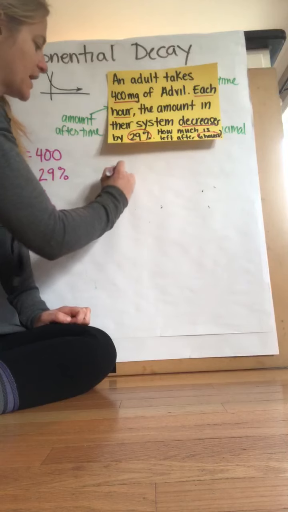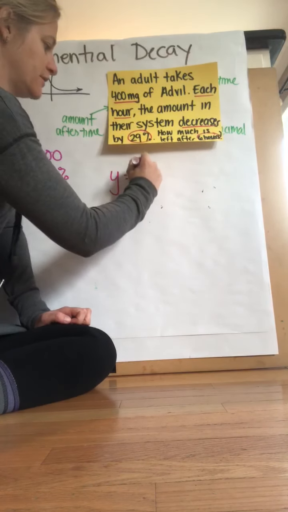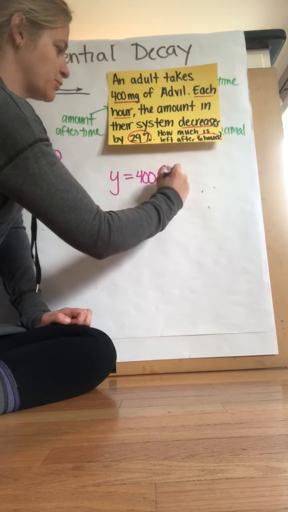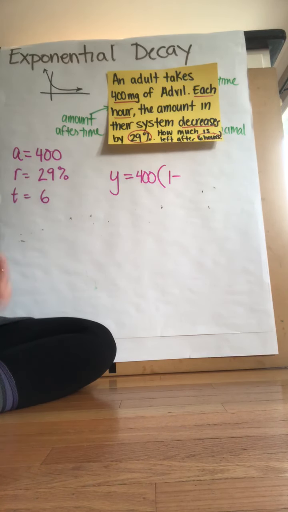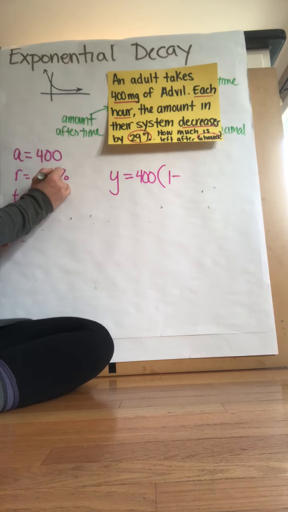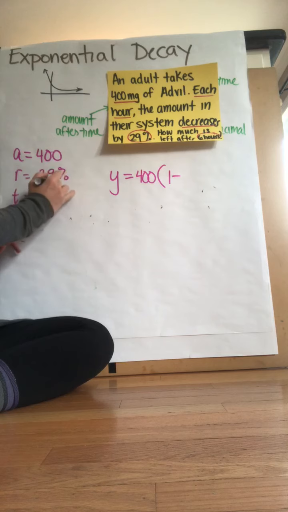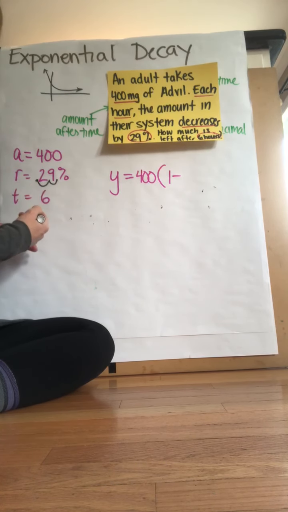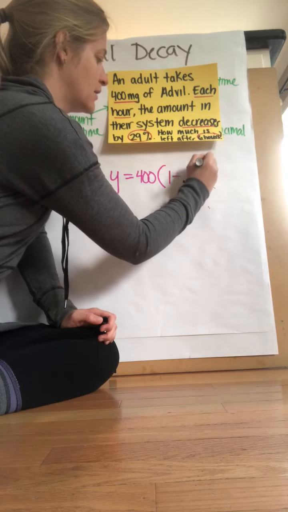So my equation: y equals A, 400, times 1 minus r. Now, r, remember, has to be represented as a decimal. 29%, the decimal follows the 9. We have to divide by 100 or simply move your decimal point over 2 spots. So this is going to be 0.29.